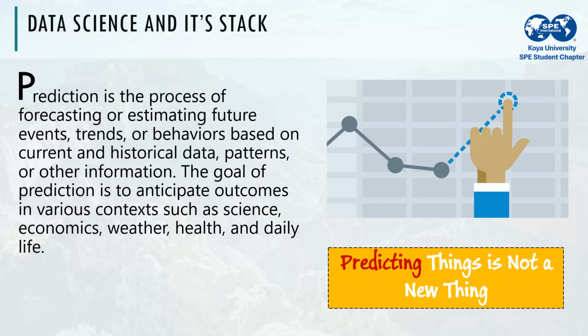These crops usually got flooded really frequently, especially in the winter, because the River Nile level starts to climb up. That's why the Egyptians used some equations to predict the River Nile flooding. So prediction is not something new.